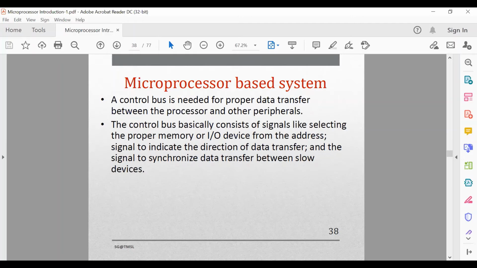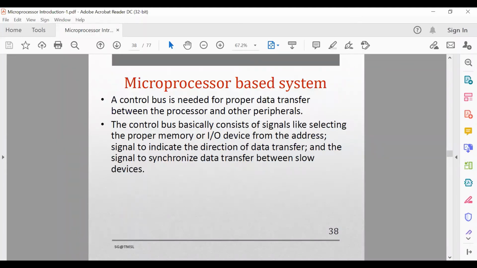If it is called an 8-bit microprocessor, what does it mean? It has an 8-bit ALU which can perform 8-bit operations at a time. For 16-bit, it means a 16-bit ALU. So a microprocessor is identified according to the size of the arithmetic and logic unit circuit.